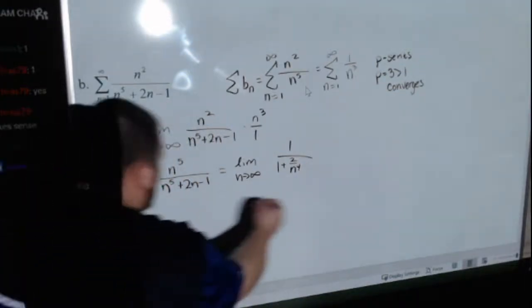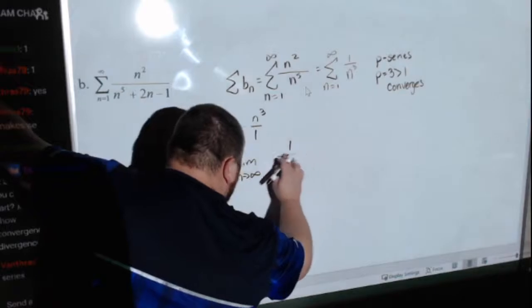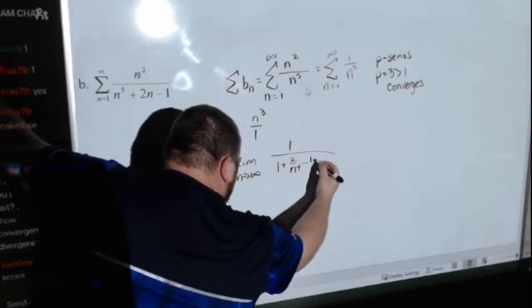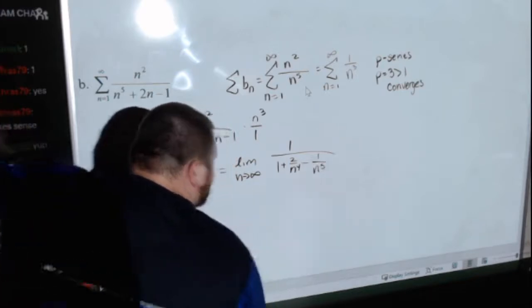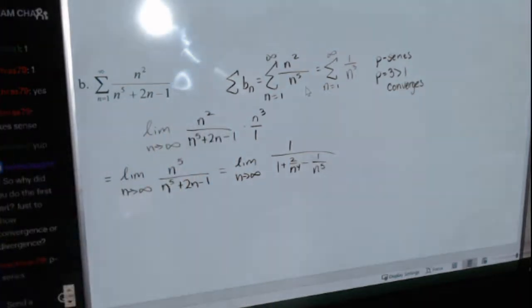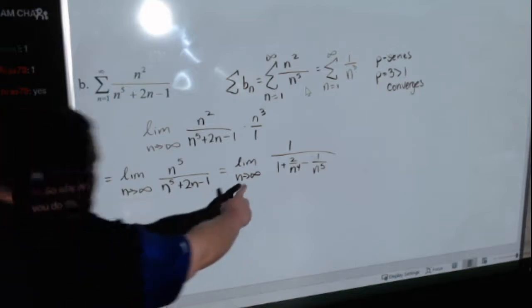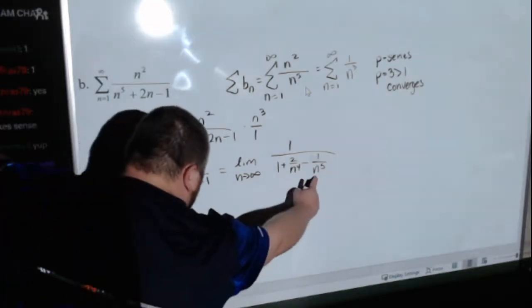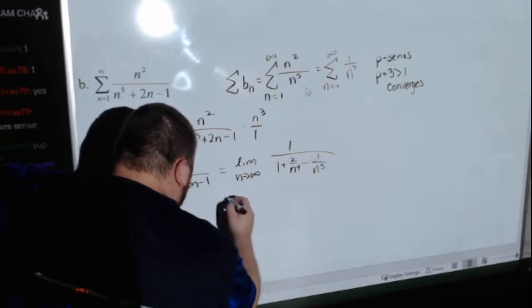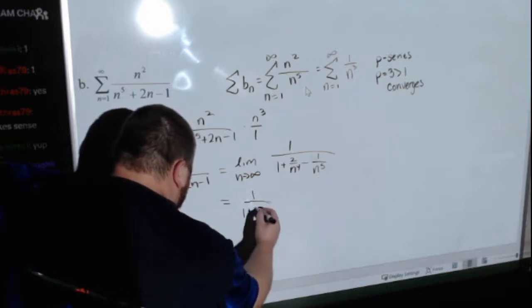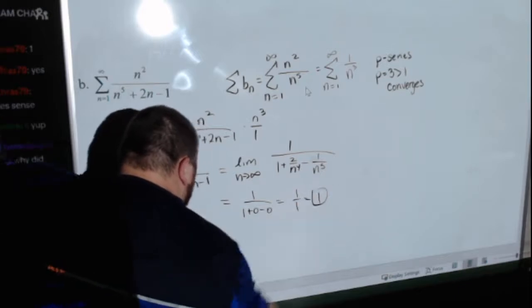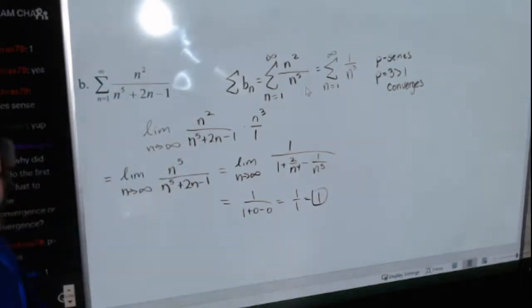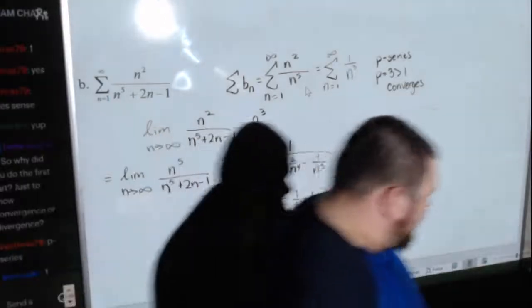And then negative 1 would be negative 1 over n to the fifth. If I take the limit and anything is divided by n to a positive power, that all goes to 0. So I get 1 again. That is a real number that is greater than 0.